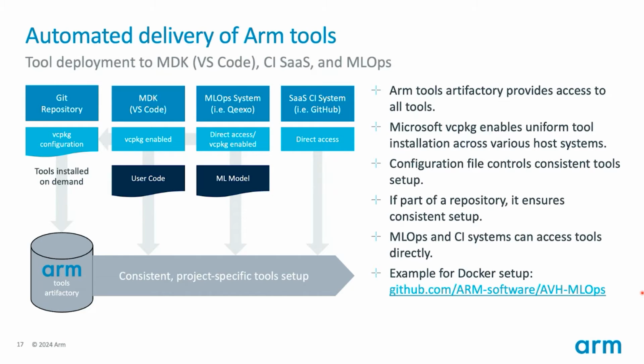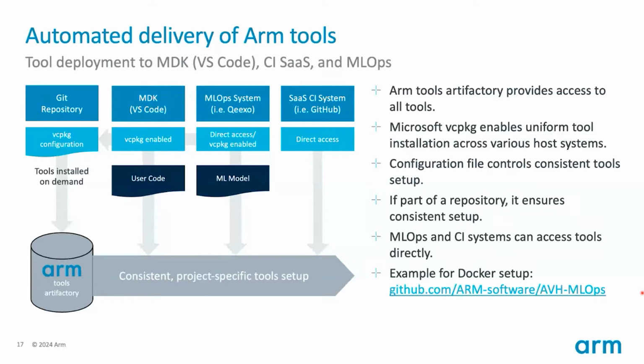Under the hood, we are using a technology called vcpkg from Microsoft. This is a package manager that works on all major host operating systems, so it enables Linux, Windows, and macOS systems. It basically uses a configuration file in JSON format that tells the package manager which tools to download from which location.